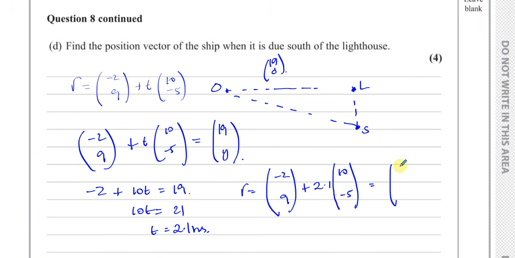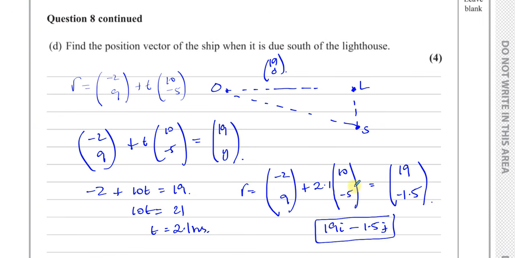We know that this gives us 19 over here, and we're going to have 9 minus 10.5. 9 minus 10.5 is negative 1.5. So the position vector of the ship when it's due south of the lighthouse is going to be 19I minus 1.5J. And there we have the answer to part D.